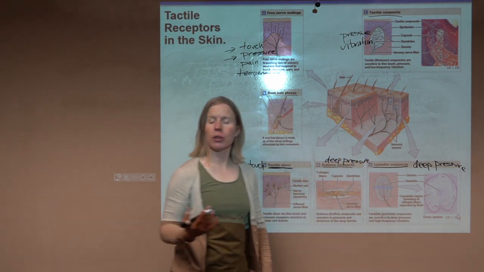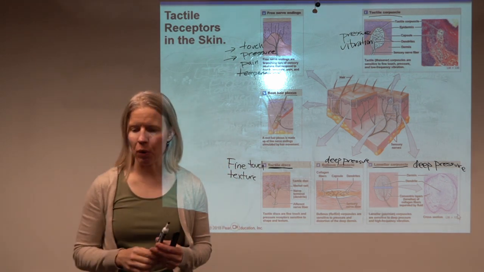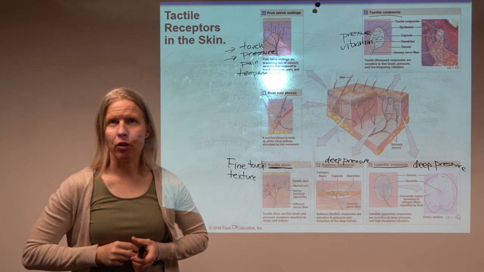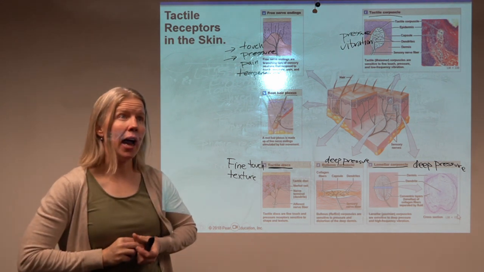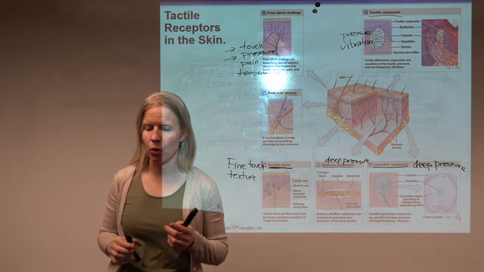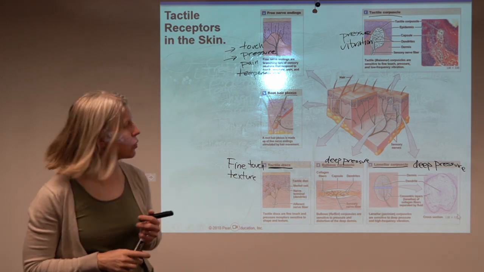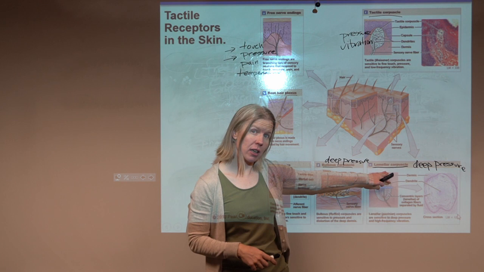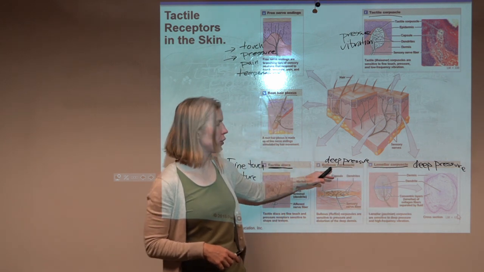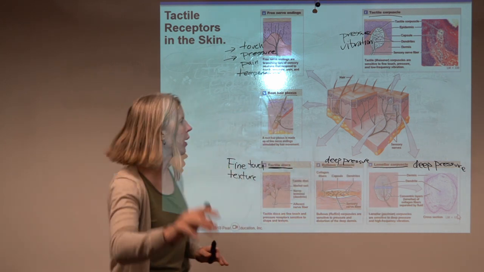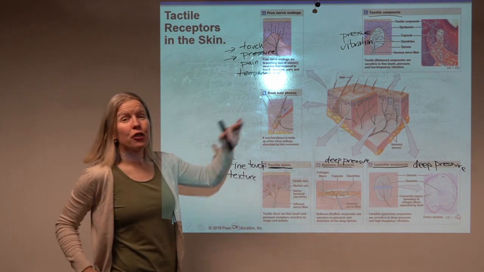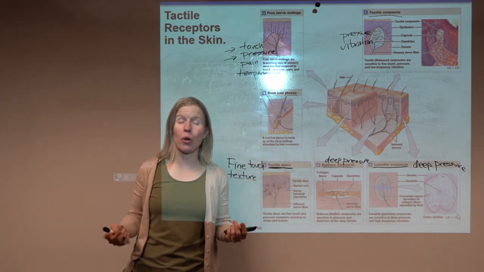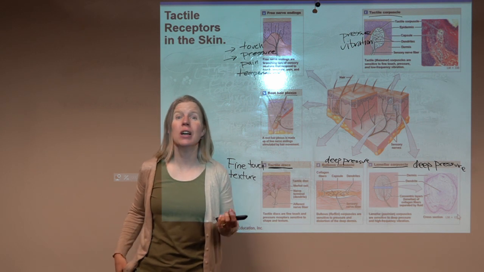So these two are really similar, but basically they're different in how quickly they accommodate. You don't have to know this, but lamellar corpuscles are more phasic adaptation, and these are going to be considered tonic receptors. Anyway, in our skin, in our relationship to the outside world, we have a lot of exteroceptors.